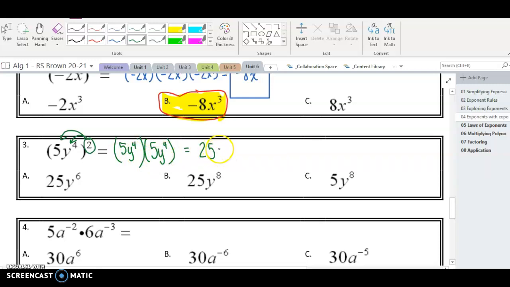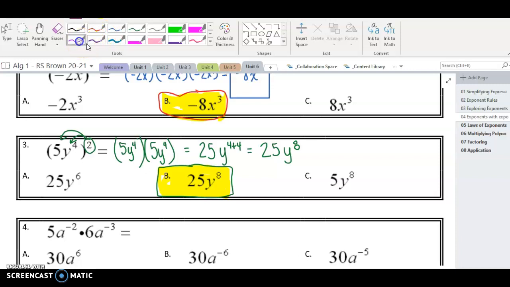I have y to the fourth times y to the fourth. I have the same base, which means I add my exponents. So I have 25y to the 8th power. So my answer is going to be B. Not too bad, right? Still not too bad.